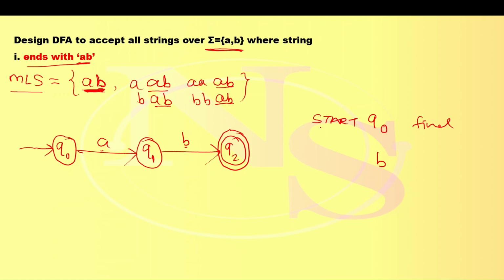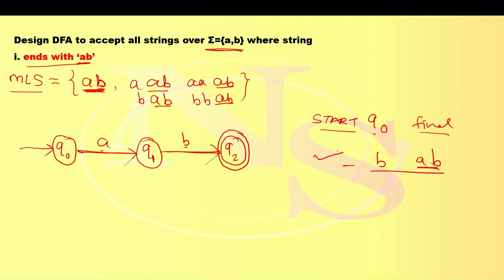It's very simple. How to reach Q0 from the starting state? In this case, Q0 itself is the starting state, so nothing will be here. How to reach the final state from Q0? Q0 to final state by reading A and B. So write down here AB. Ask yourself, is this a valid string? Yes, because it's ending with AB.